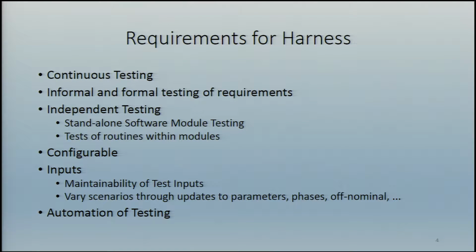So for the requirements for the test harness, we needed to be able to continuously test. And this came in based on our agile development, where as we would put in new functionality, we had to make sure that we continually tested the requirements to make sure they were still being met and were not getting messed up with any new functionality added.